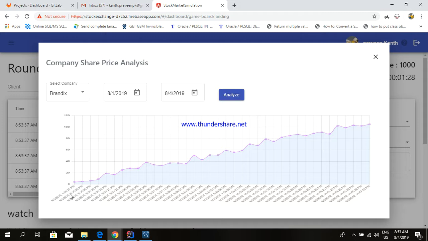We will be including each individual timing concept of a real market scenario. For example, on 9/3/2009 yesterday around 1:50 p.m., they had a share rate of 2, and later the variation. You can see the share prices increasing and decreasing. This gives a clear picture of the company share price analysis for a player.